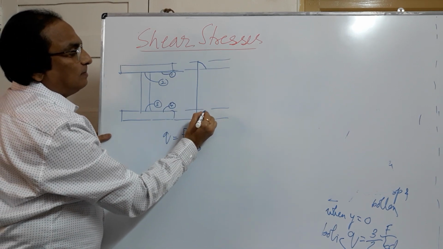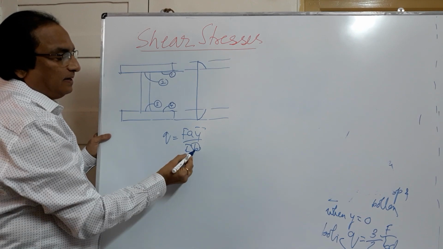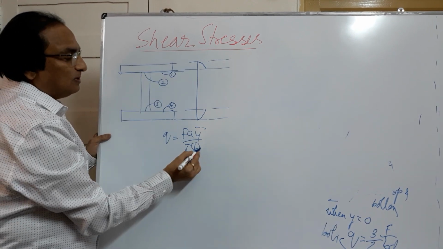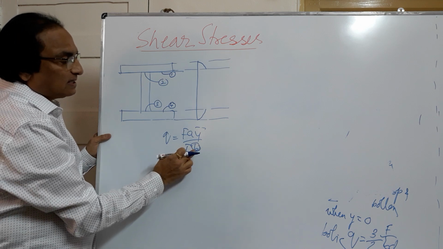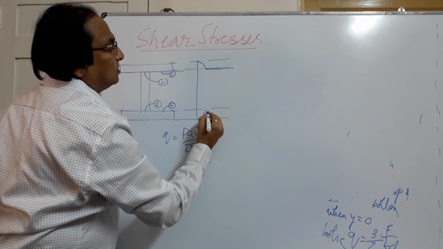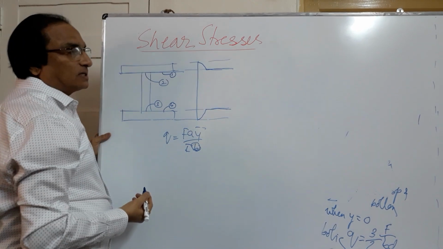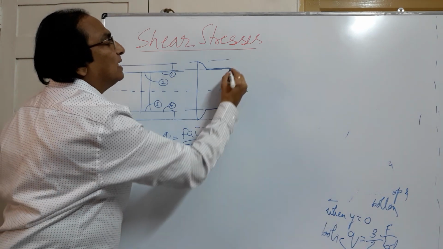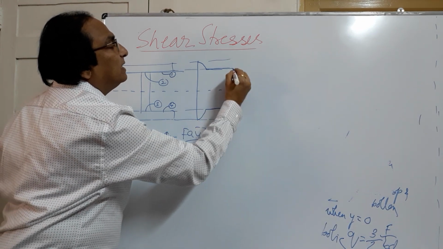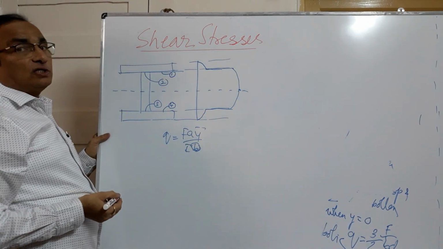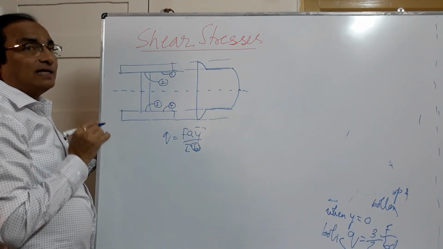From here to here it will be parabolic. Now if you see levels 2 and 3, the width of the beam is very less. When the width is less, definitely Q will be jumping here. So this is the stress diagram, and we know the maximum shear stress is at the neutral axis, and if you plot a point here, this is the type of shear stress diagram you get for an I section.